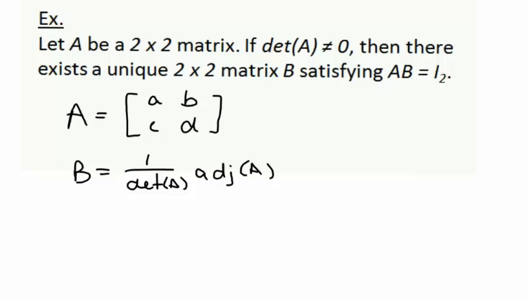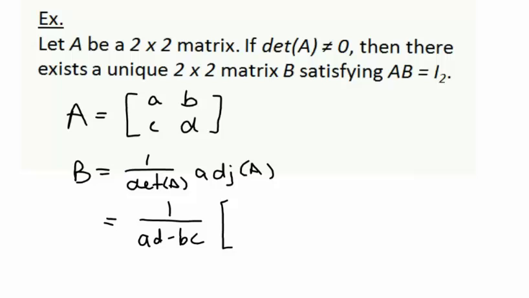So from linear algebra 1, we know the formula to calculate A inverse, so I'm going to say that B is probably going to be equal to 1 over determinant of A times the adjoint of A. So let's write in this information. The determinant of A is ad minus bc. By the way, we know that the determinant is not equal to 0, so putting this here in the denominator is totally okay.